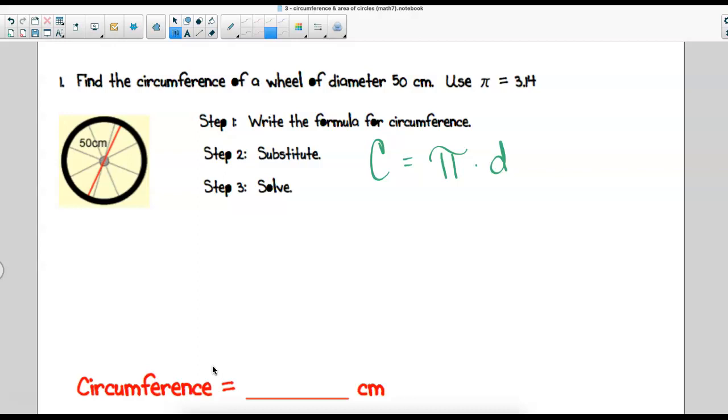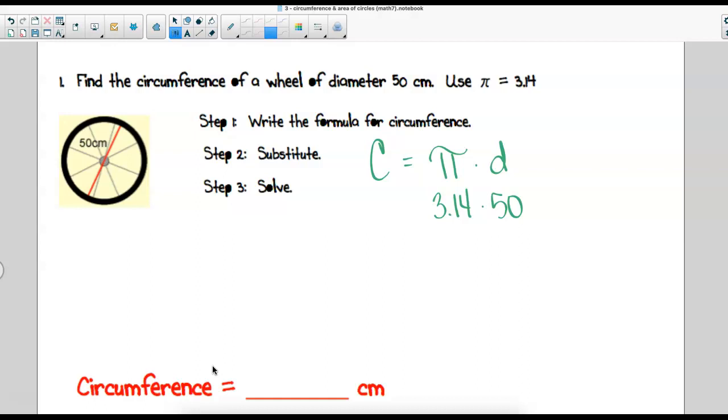Do we know the circumference of that wheel? No. Do we know pi? Yeah. What is pi? Go ahead, Sydney. 3.14. And the diameter is 50 centimeters. So you are just going to grab your calculator and type in 3.14 times 50.